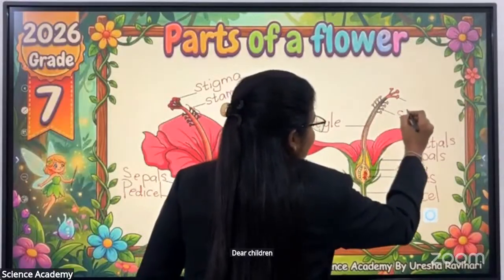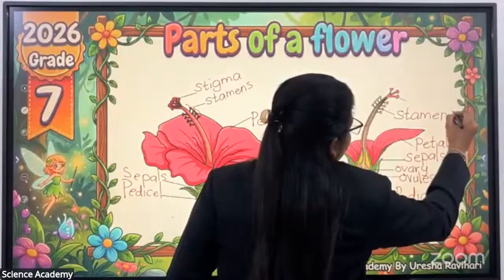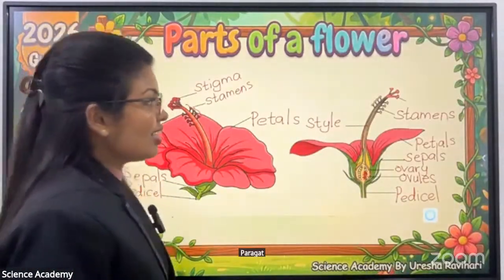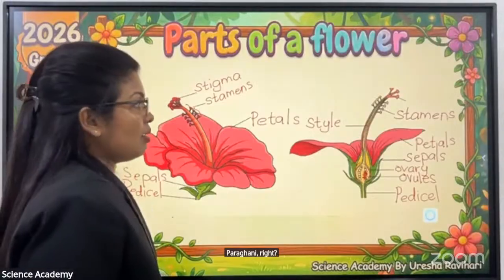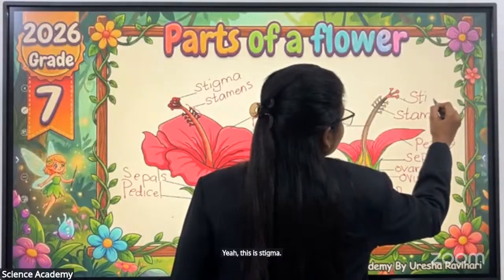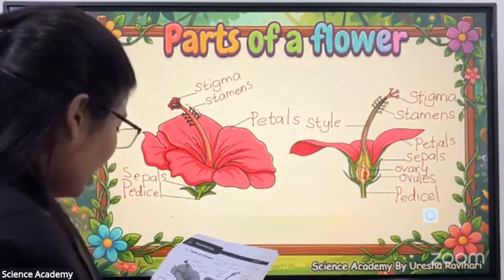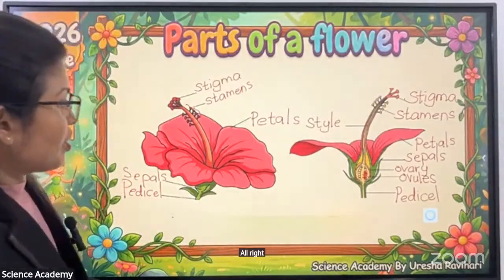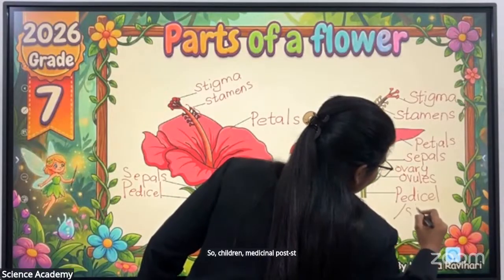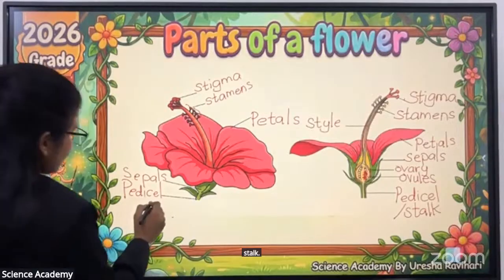Once again, these are stamens. In Sinhala, we call it paragadhani, right? Stamens. That is the male part. Here, this is the stigma. All right. So children, a pedicel or stalk, we can say stalk. This is also pedicel or stalk.